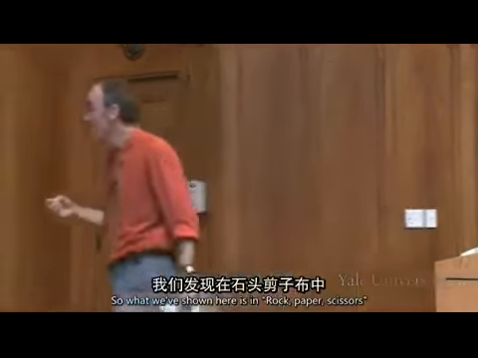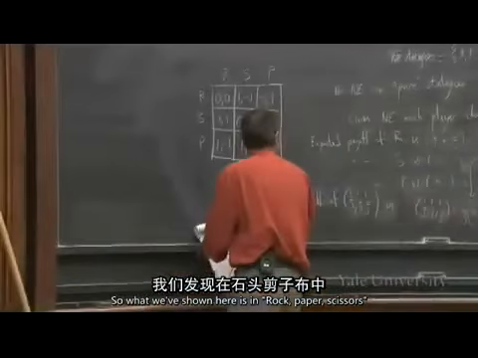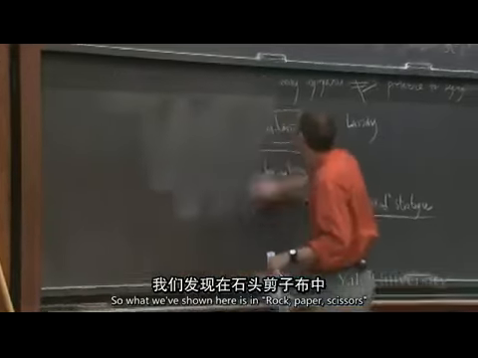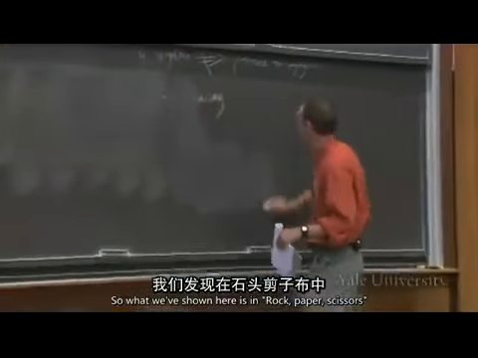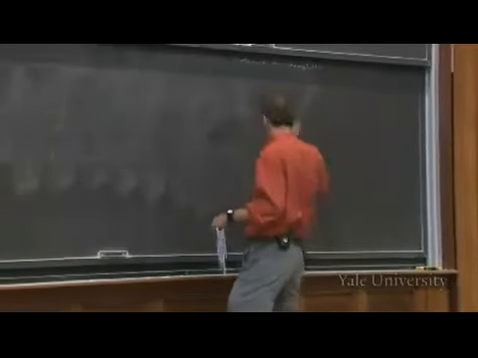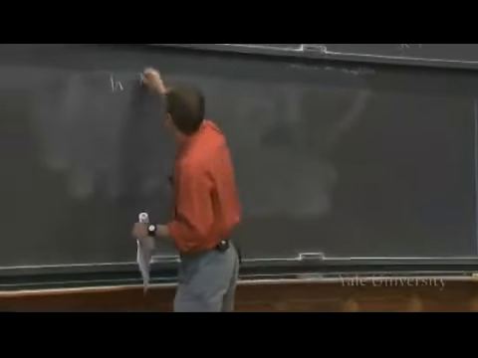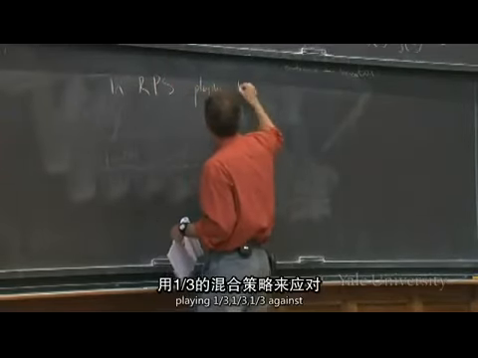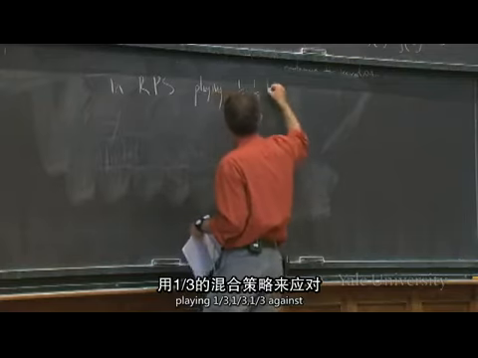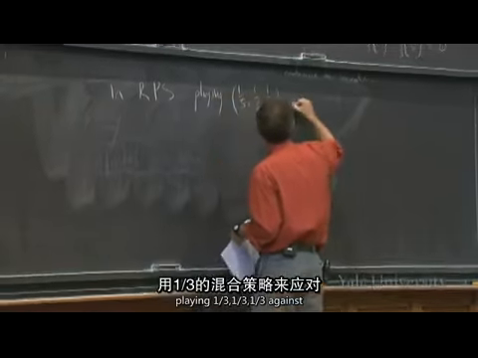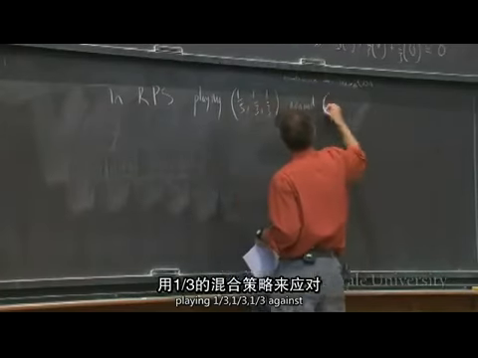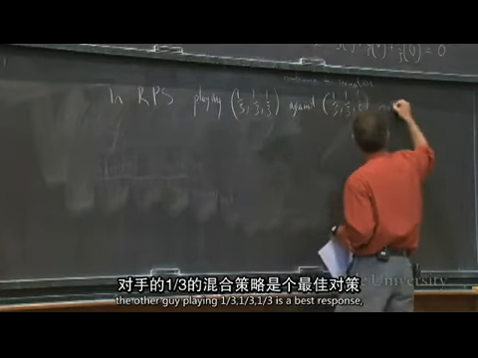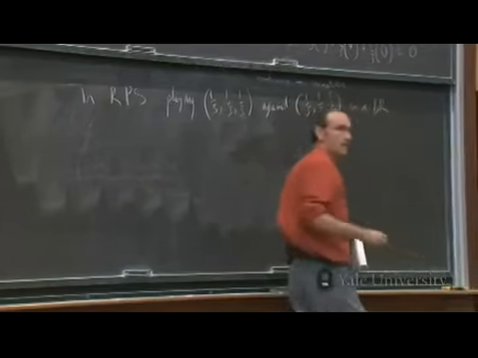Right? So what we've shown here is, in rock, paper, scissors, playing a third, a third, a third against the other guy playing a third, a third, a third is a best response.